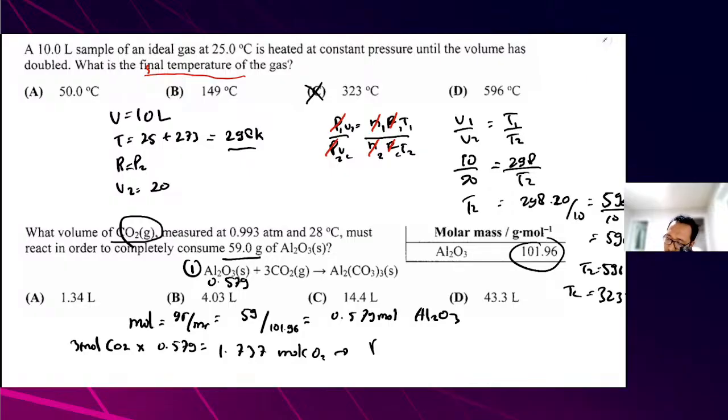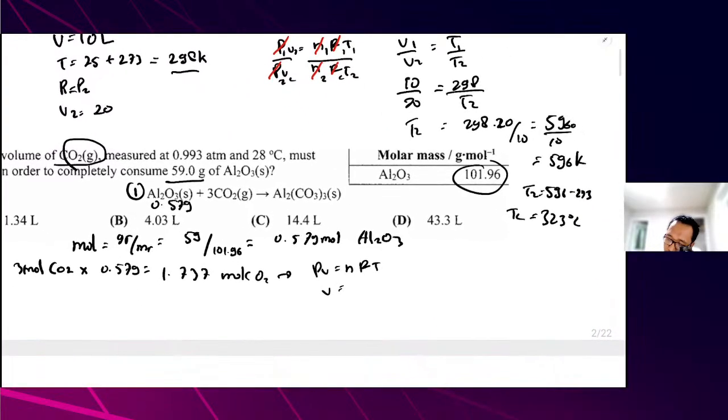Now, how do we get the volume? Just simply use PV equals nRT. The question is about V. So now we can solve the problem. n is 1.737, R is 0.0821, and T is 28 plus 273, which is 301, and then divided by 0.993.